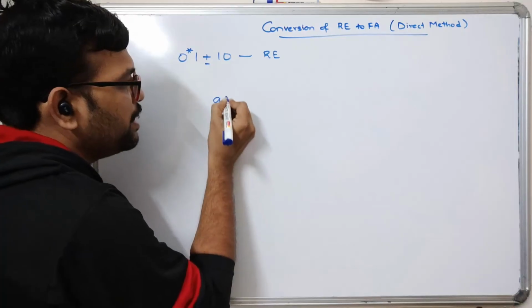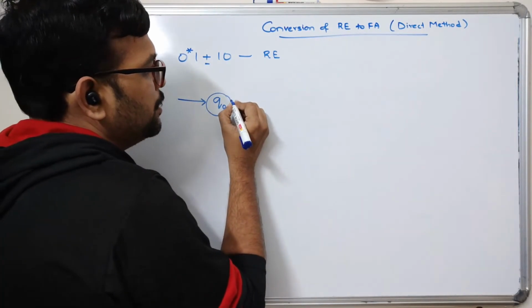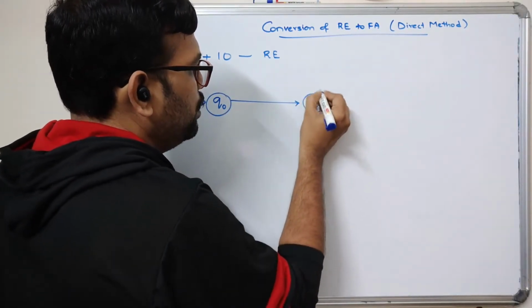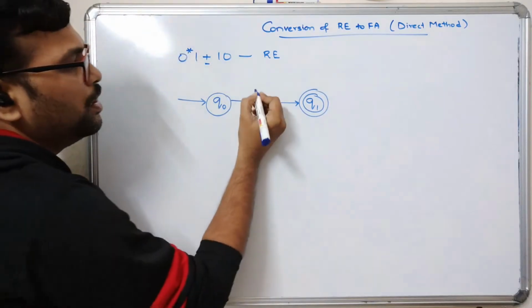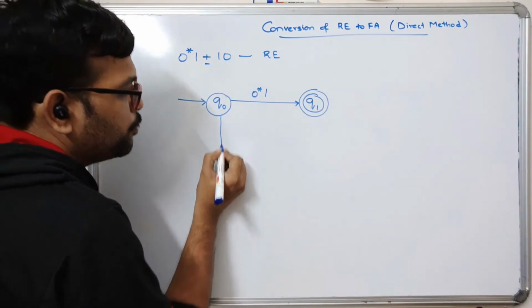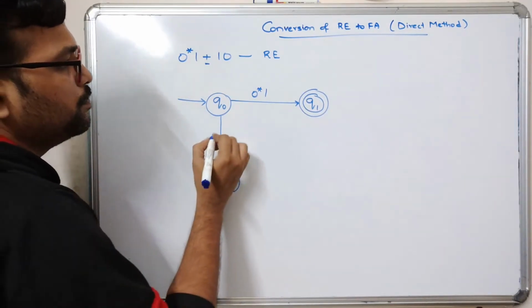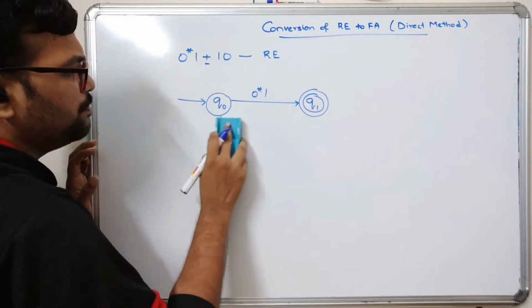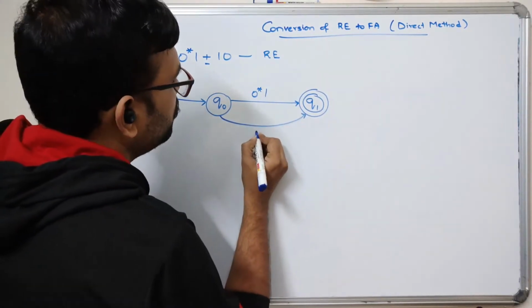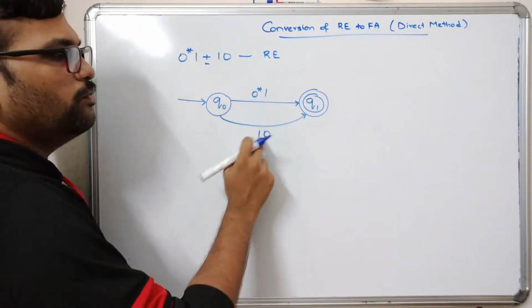So we write Q naught, which is the initial state. From Q naught it moves to Q1 upon 0 star 1, and it moves to Q2 upon 10.